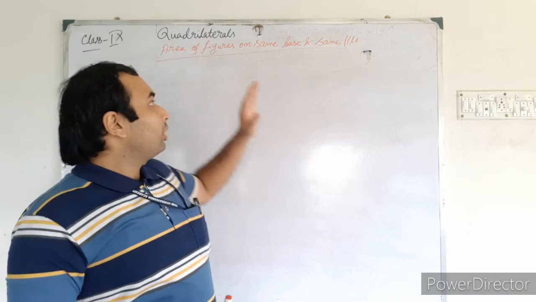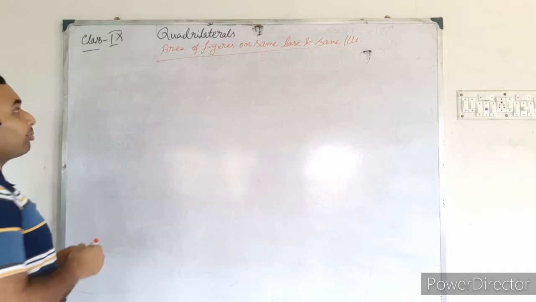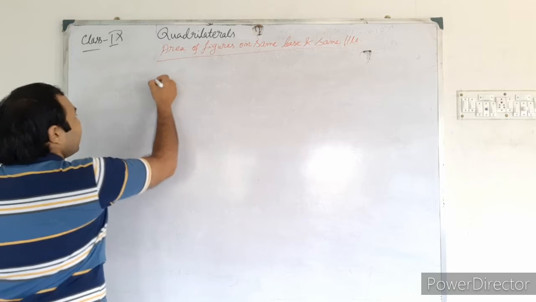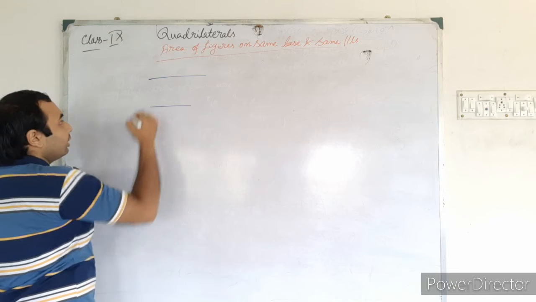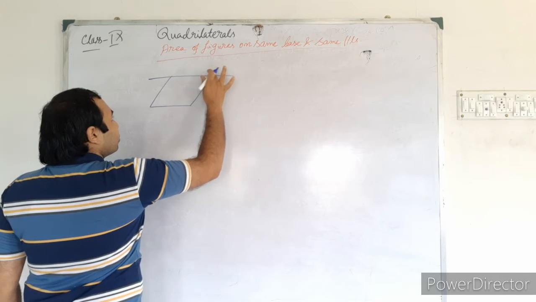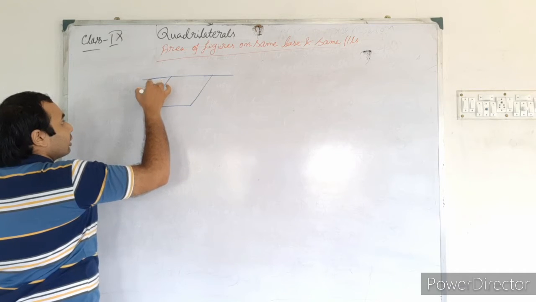So first of all, let us see what the same base and same parallel figures are. If we draw two parallel lines and draw two parallelograms here, how can it be?